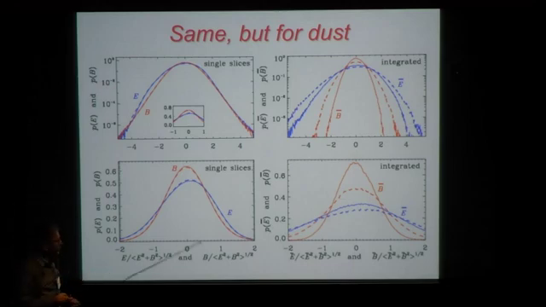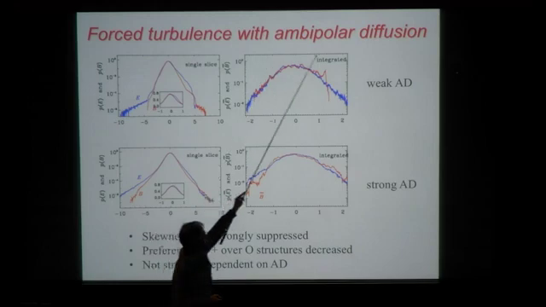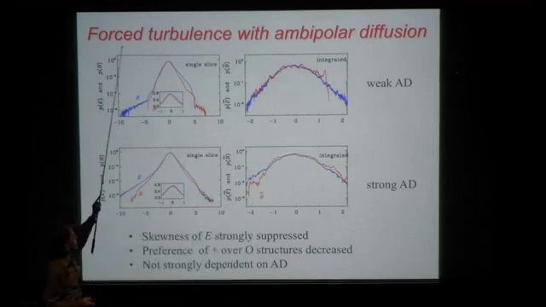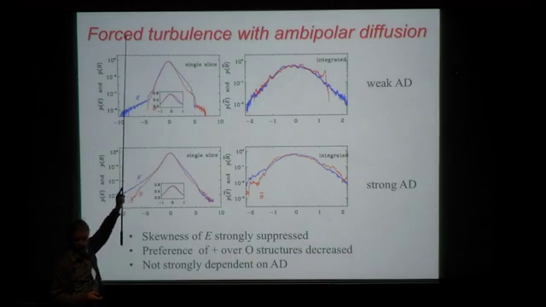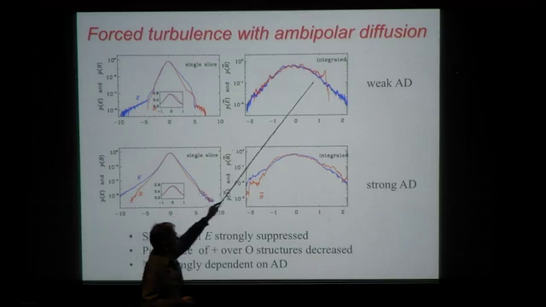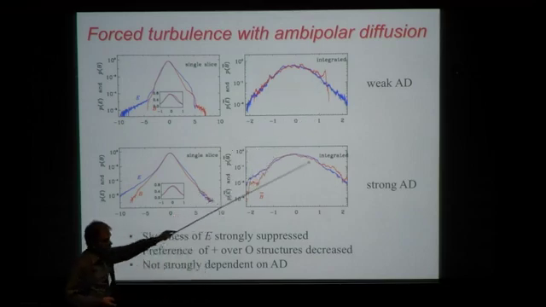Here are some other examples of turbulence, in this case with ambipolar diffusion. The important difference is that it's no longer decaying turbulence, it's forced turbulence. Again, in individual slices we see an excess, but in the integrated patterns it actually is no longer so extreme.